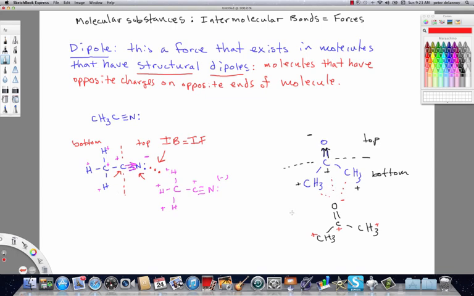And this is the IF, or the intermolecular bond. So here these represent two examples of what I would consider classic dipoles: acetonitrile and acetone, or nail polish remover.